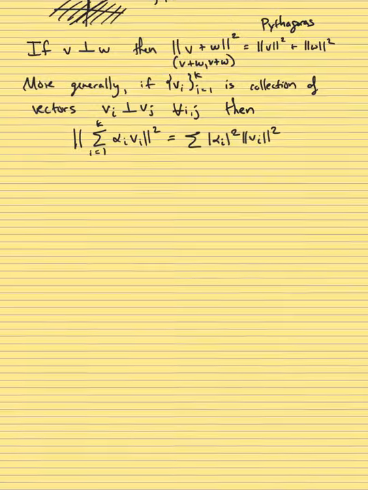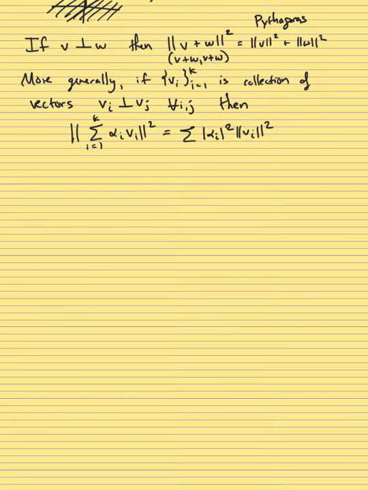So norms of elements are quite easy to compute as long as they're sums of orthogonal vectors. Such v_i are usually called orthogonal systems.